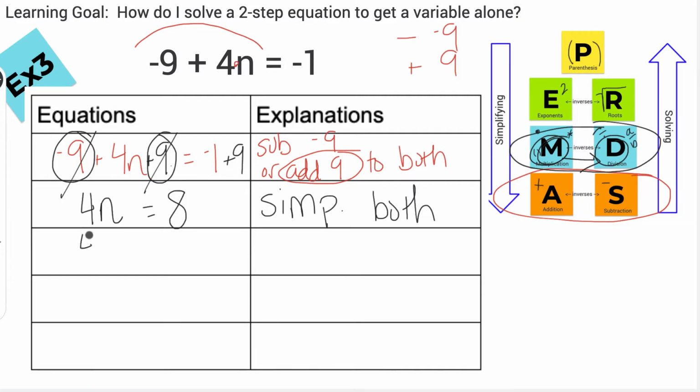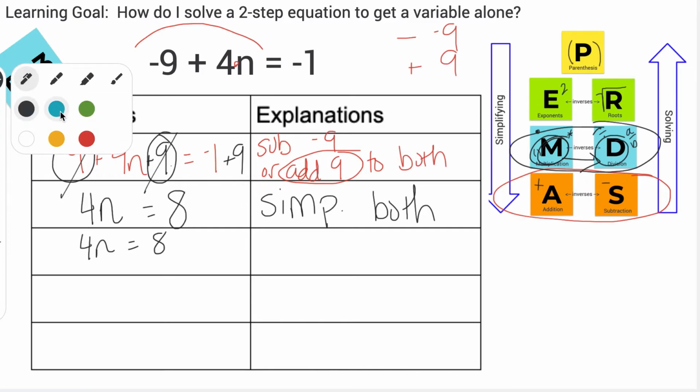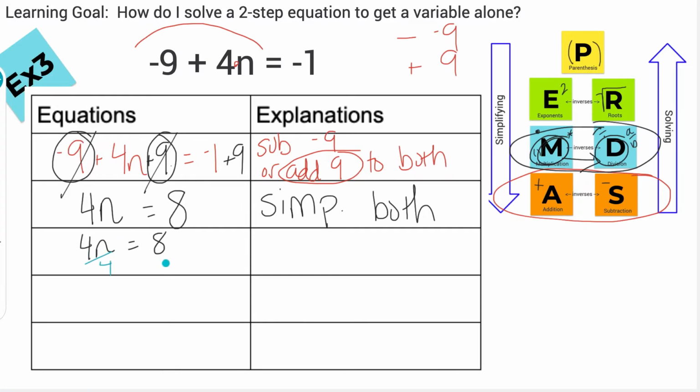So I'm going to take my entire equation and I'm going to divide by 4 on the left, divide by 4 on the right, and my explanation here is divide by 4 on both sides. Now we simplify. Okay, we're going to now simplify both sides.